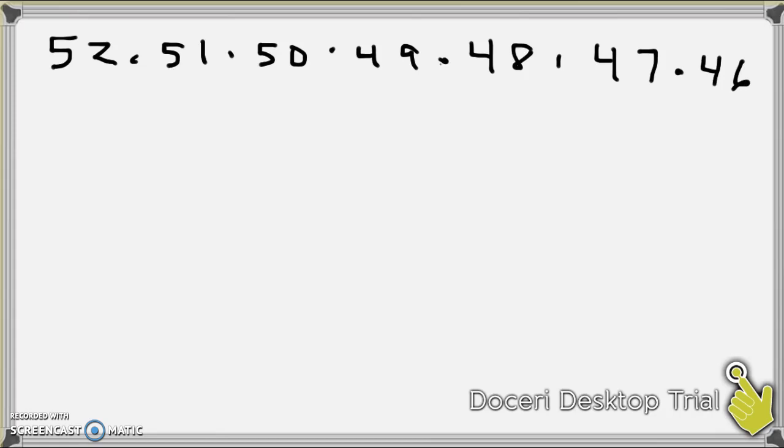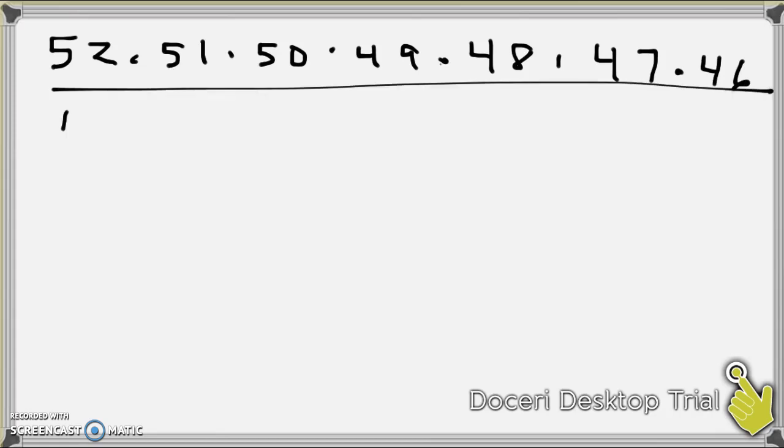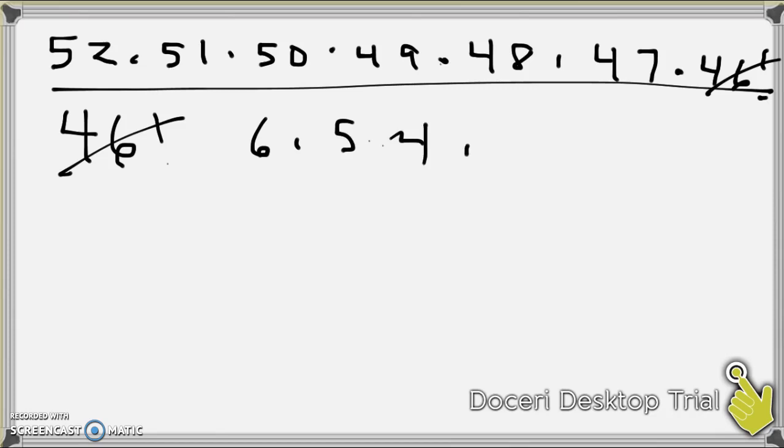Now keep in mind that we did 52 minus 6 and got 46 on the bottom. So if you can get to the numbers on the bottom that are the same, then you can cancel those out. And then we had 6 factorial still down on the bottom, so 6 times 5 times 4 times 3 times 2 times 1.